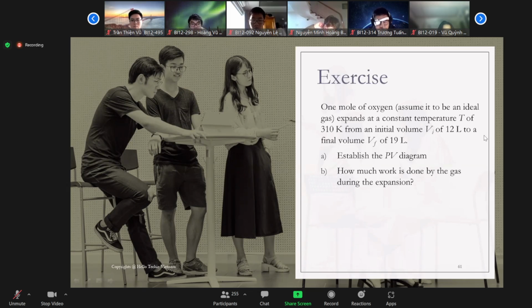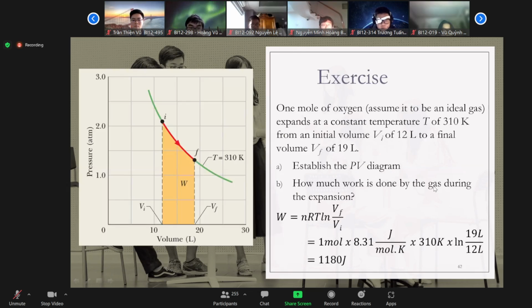How to establish the PV diagram? This is what we have. Remember that the PV diagram relates the pressure and the volume of the process.